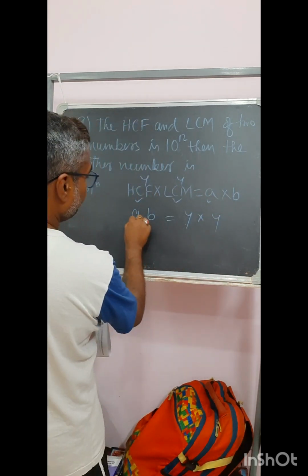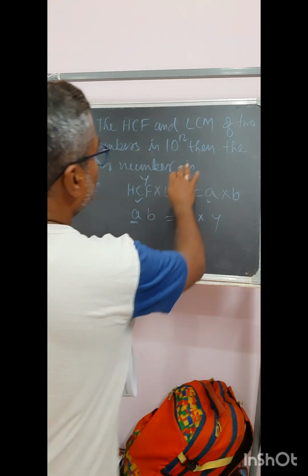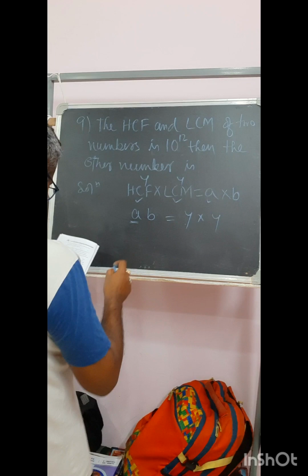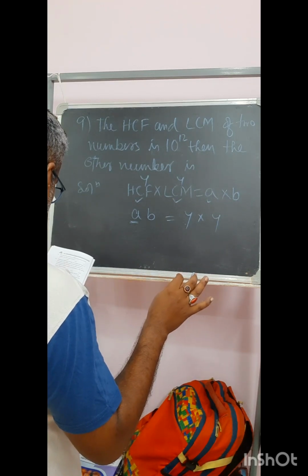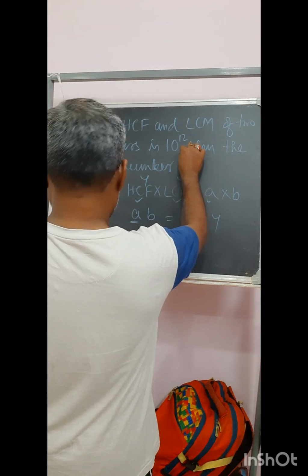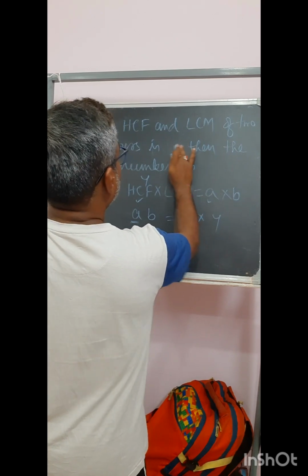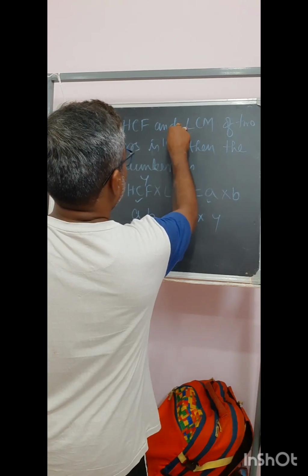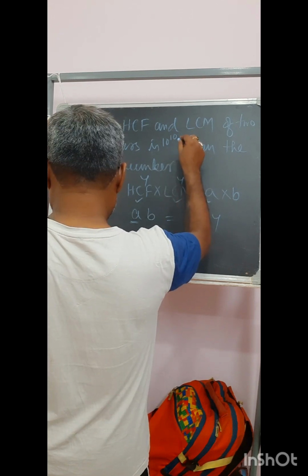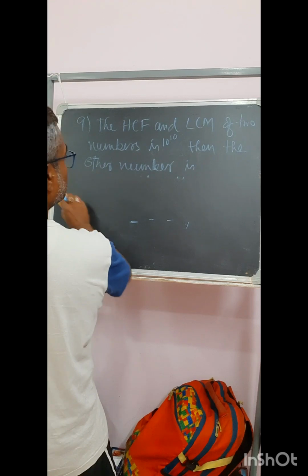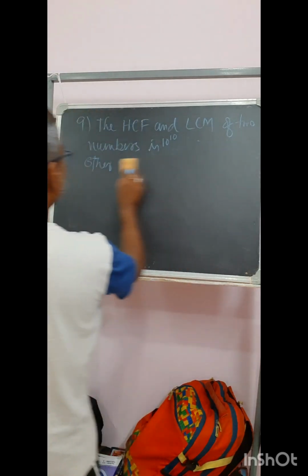So if A, then the other number is HCF also two numbers is, oh sorry, I missed something, I've written it wrong. Okay, let's write the thing first correctly.